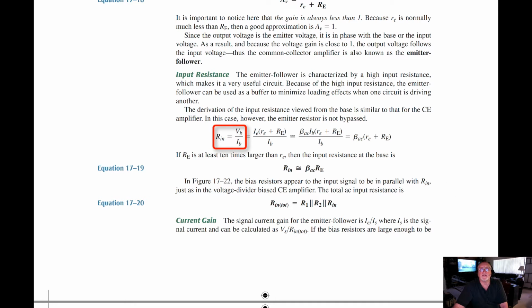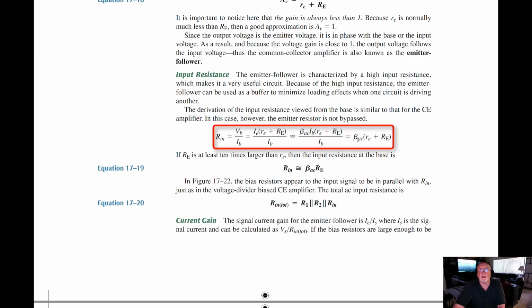So if you follow this derivation, the input resistance is equal to V b over I b, the voltage across the base and the current, your AC values. So I sub E times (r sub e plus Re) over I b. Then we can substitute I sub E with beta AC times I b, and the I b's cancel out.